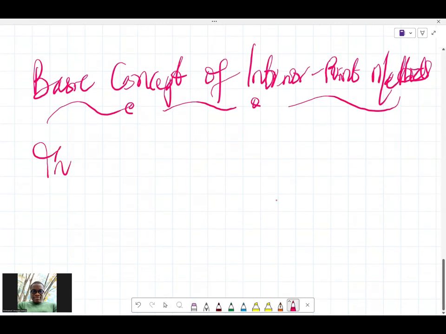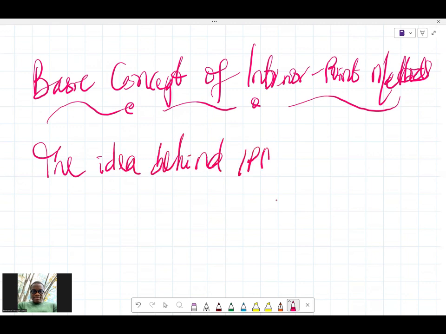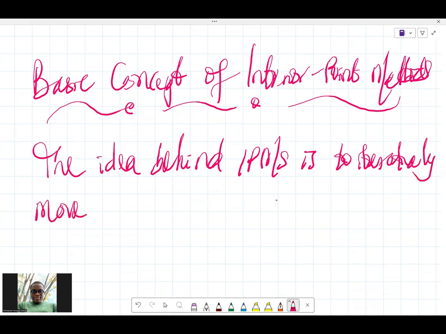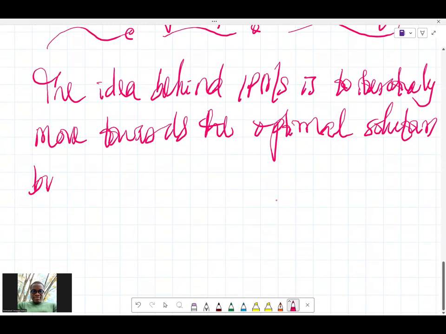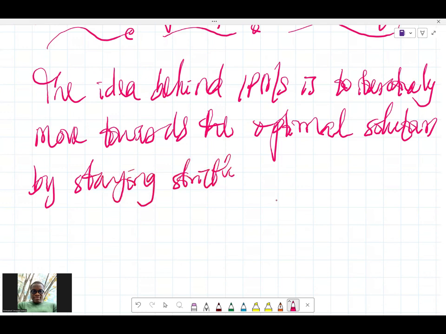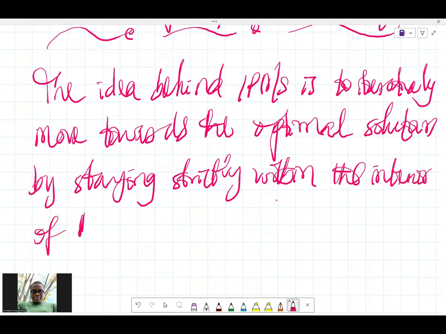Okay, so the idea behind IPMs is to iteratively move towards the optimal solution by staying strictly within the interior of the feasible region.